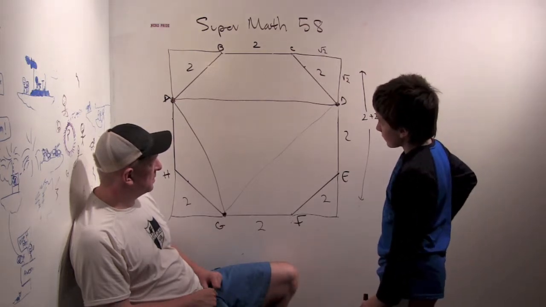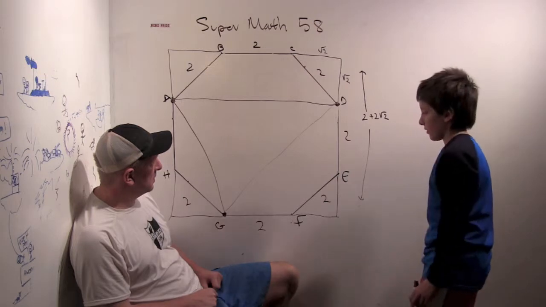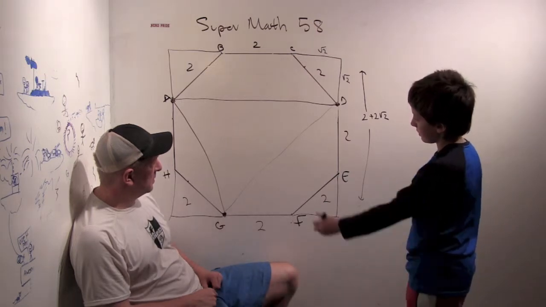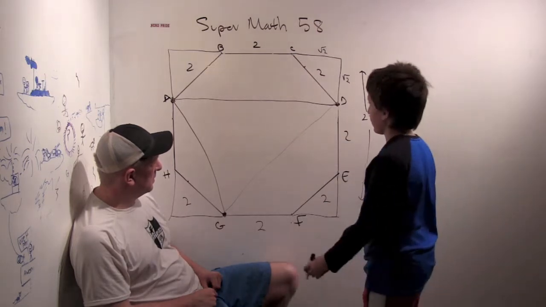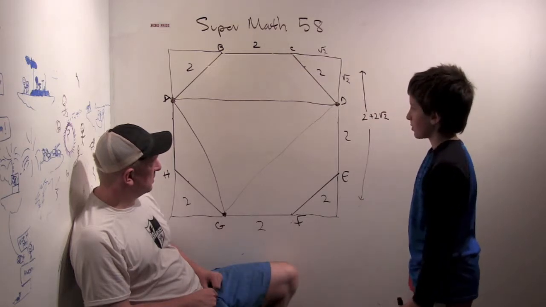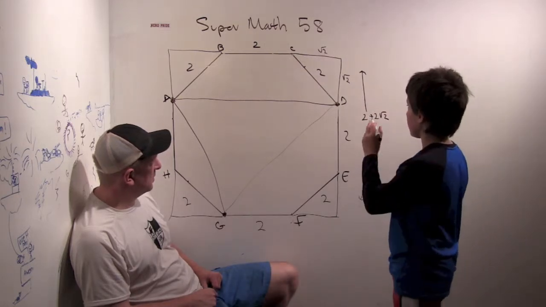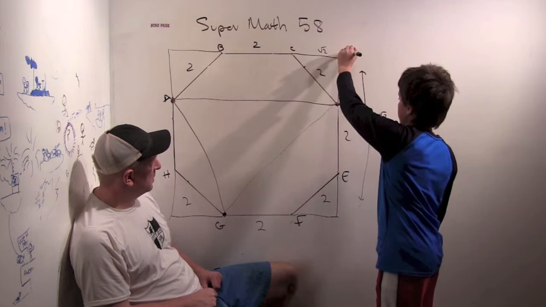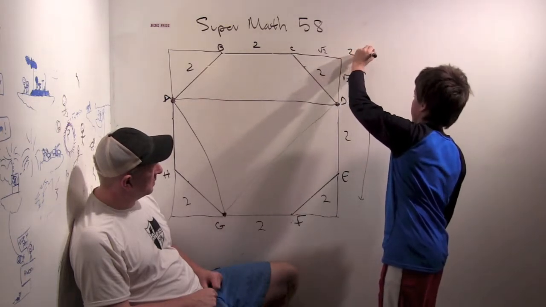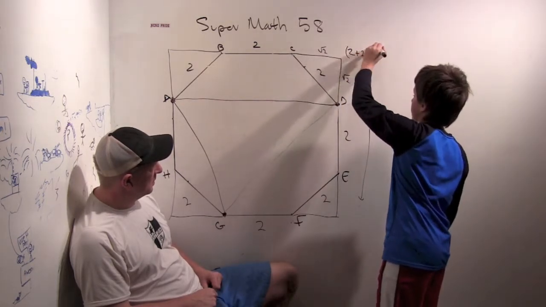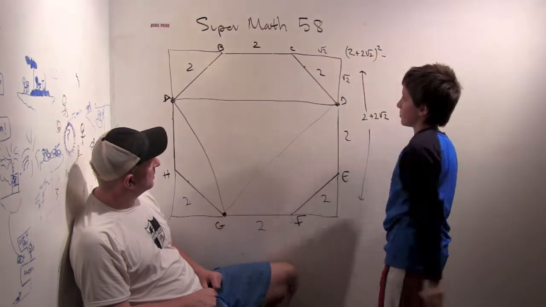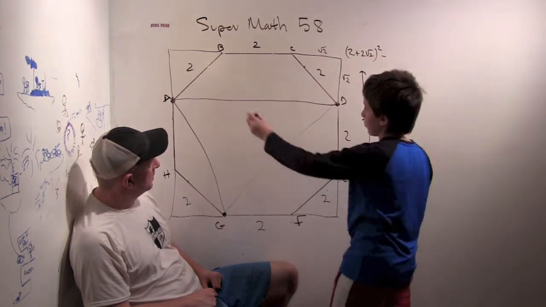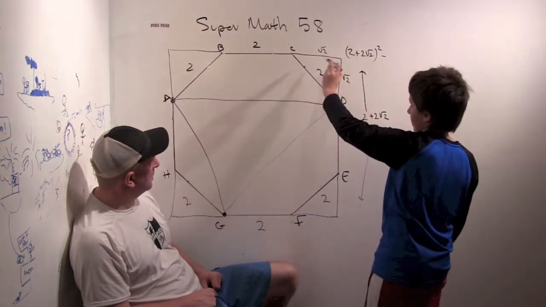So we need this triangle ADG. We can start with the area of the square, which is 2 plus 2 times the square root of 2, squared. Then we have to subtract this rectangle here up on top.